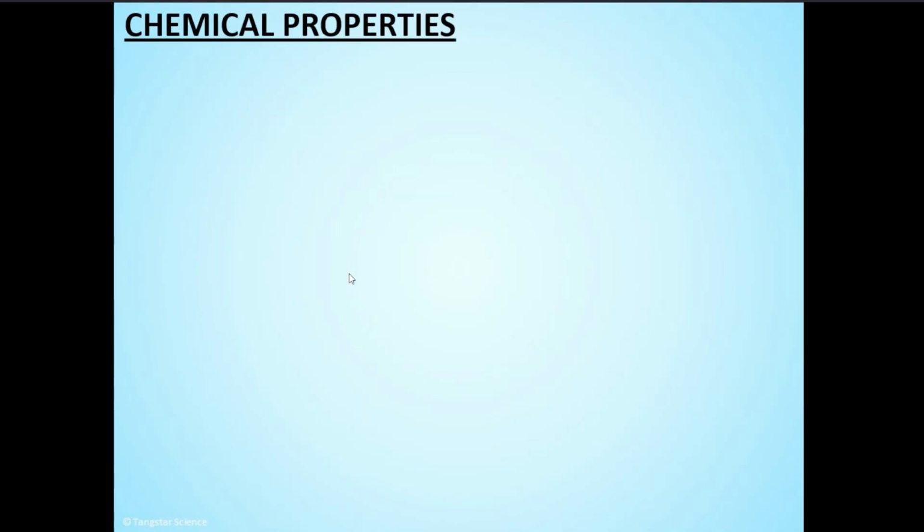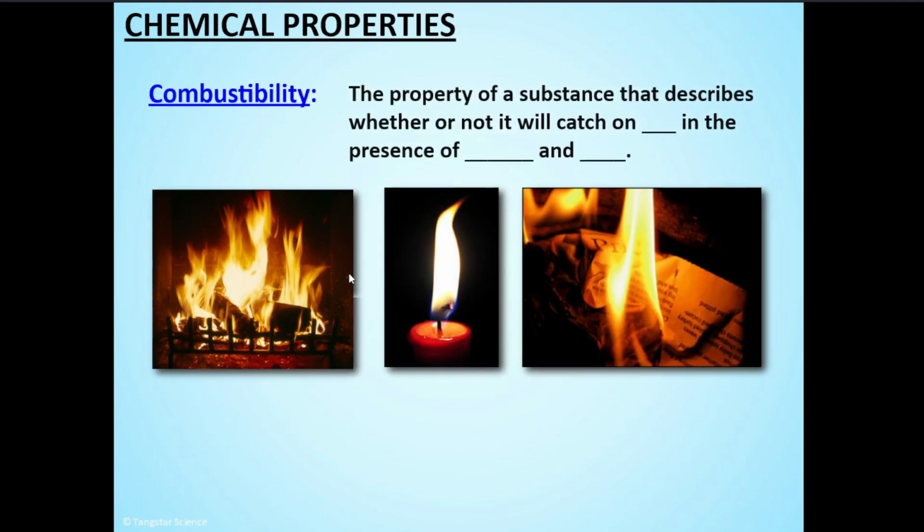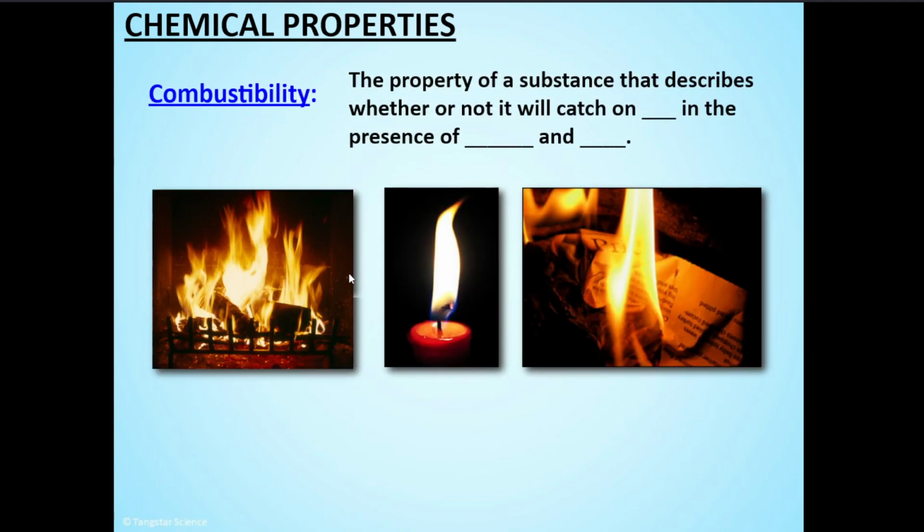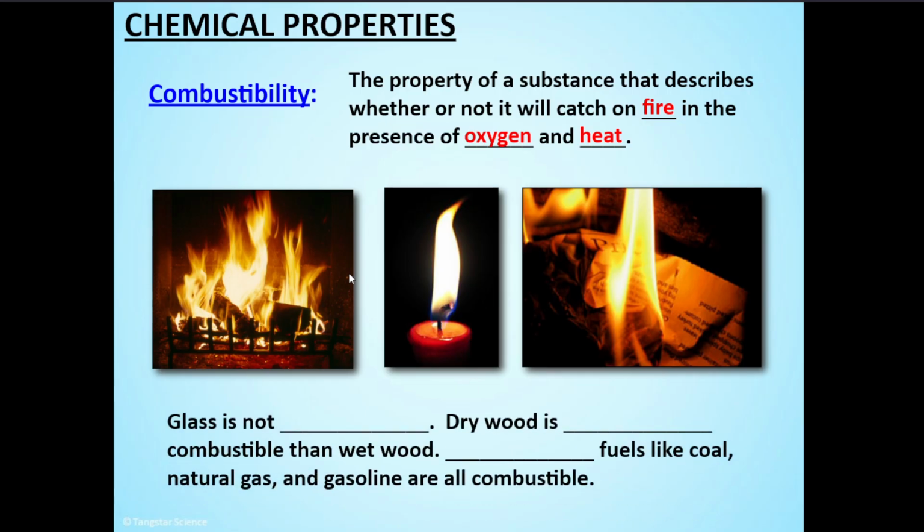The first chemical property is combustibility. Combustibility describes whether a substance can catch on fire in the presence of oxygen and heat. Glass is not combustible, whereas dry wood is more combustible than wet wood, and fossil fuels like gasoline are highly combustible.